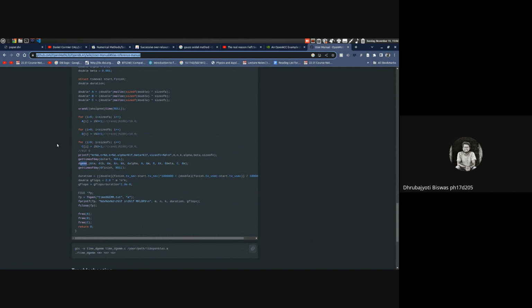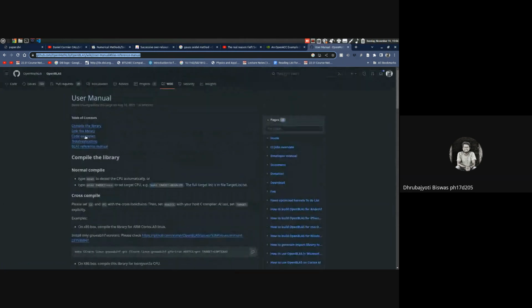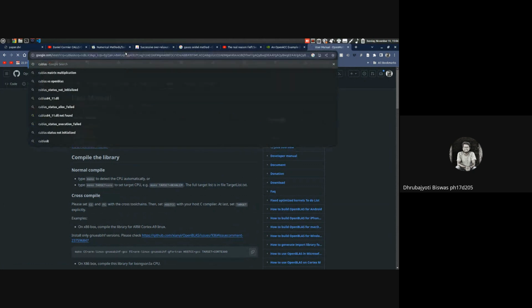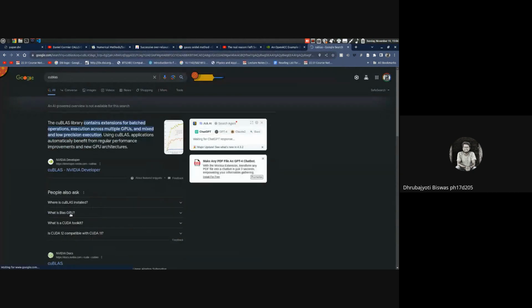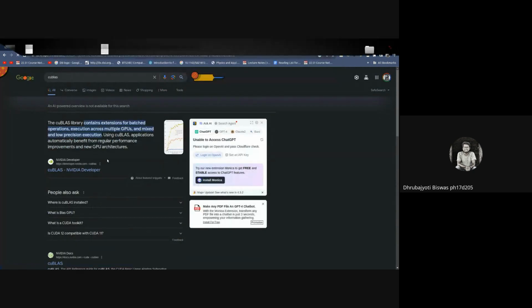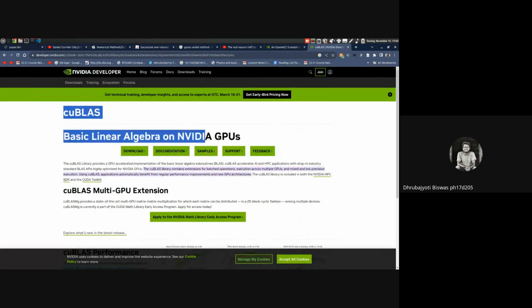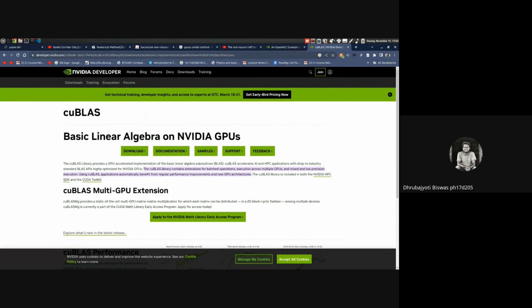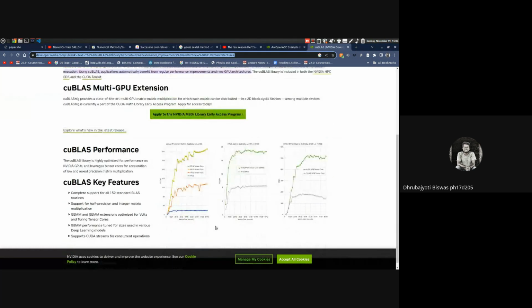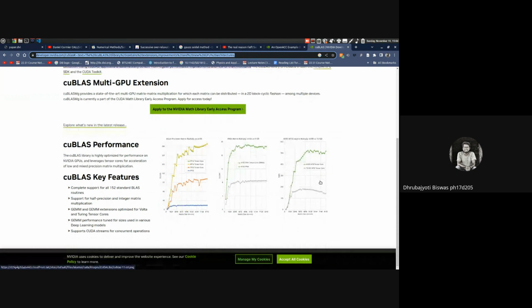For technicality, OpenBLAS is for CPU and cuBLAS is for GPU execution, as I had shown before. It is from NVIDIA. This is the basic linear algebra on NVIDIA GPUs. I think AMD also has some sort of library for execution on their GPUs.